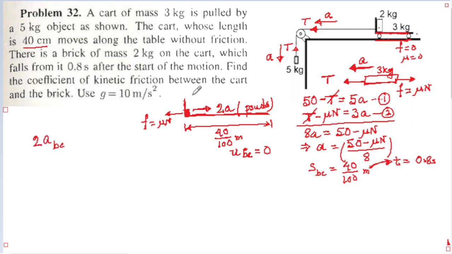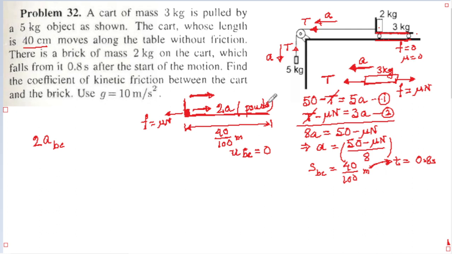It is also acting in this direction, because ultimately the brick falls from the surface of the cart. When this falling happens, it indicates that the net displacement will be in the direction opposite to the motion of the cart.